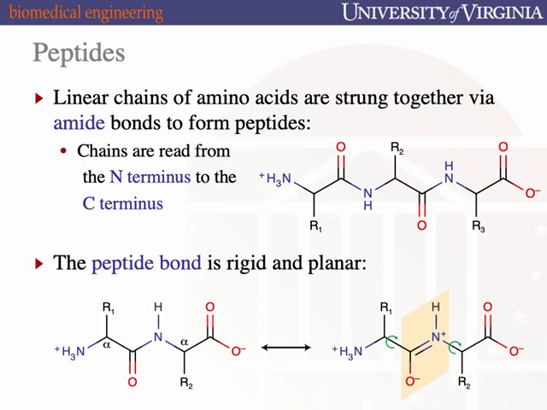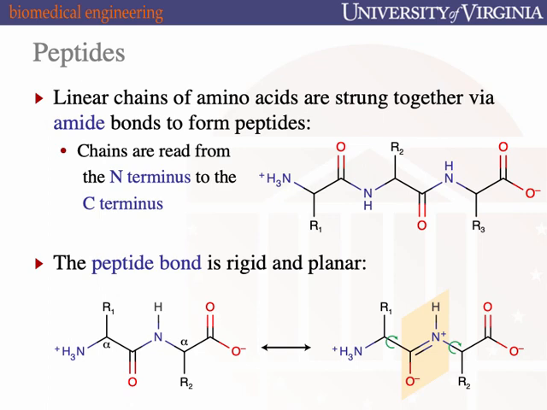A special property of the peptide bond, that amide bond in between, is that the chemical relationship between the carbonyl here and the amine is in what's called resonance, which means that the electrons that are giving rise to those double bonds in the carbonyl are in fact getting shared with the amine, and so they're delocalized across those three different atoms, which creates a rigid planar orientation of that peptide bond.